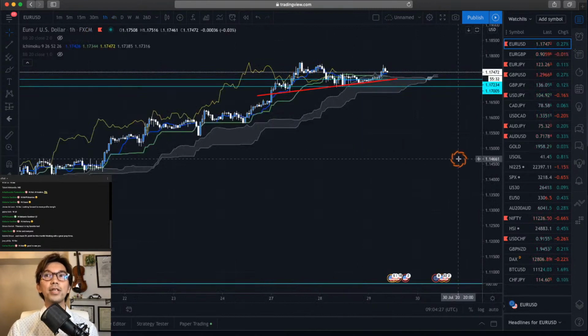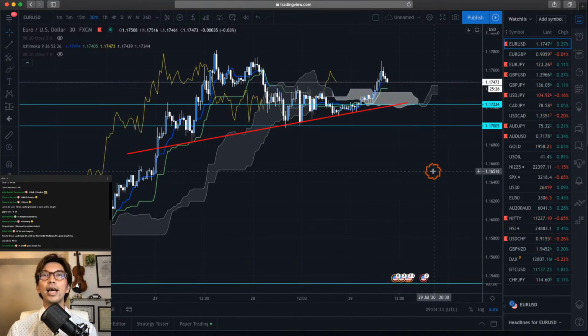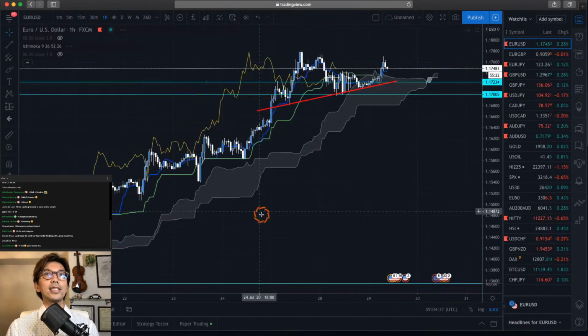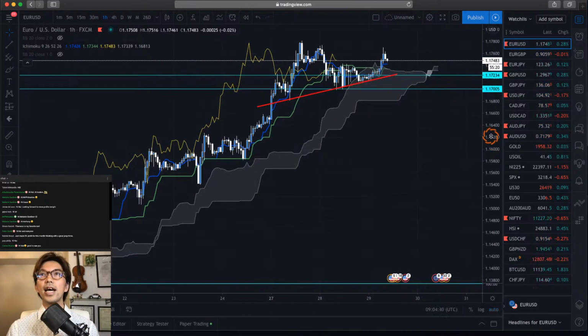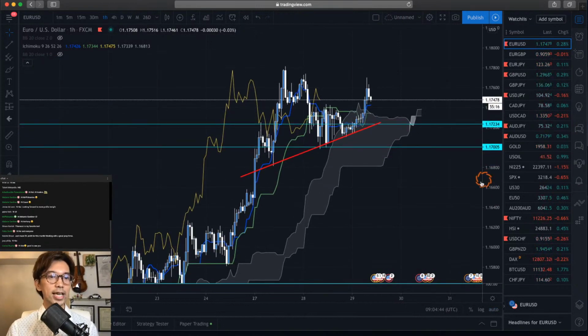And we can confirm this uptrend in lower time frames. Let's see, in the 30 minute and 1 hour, this is flat now. So we cannot really look for the buy chance in lower time frames. We better stick with the daily chart.